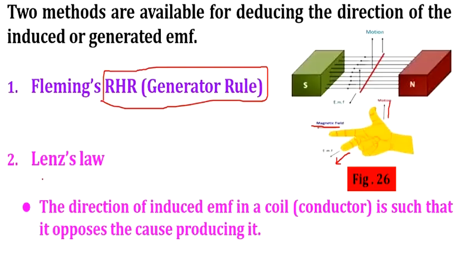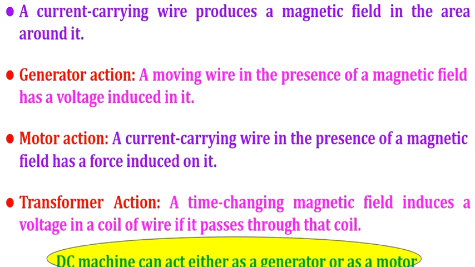We also apply Lenz's law. Lenz's law states that the direction of induced EMF in a coil is such that it opposes the cause of production. So by applying these, we can find out the basic principle of the magnetic field.